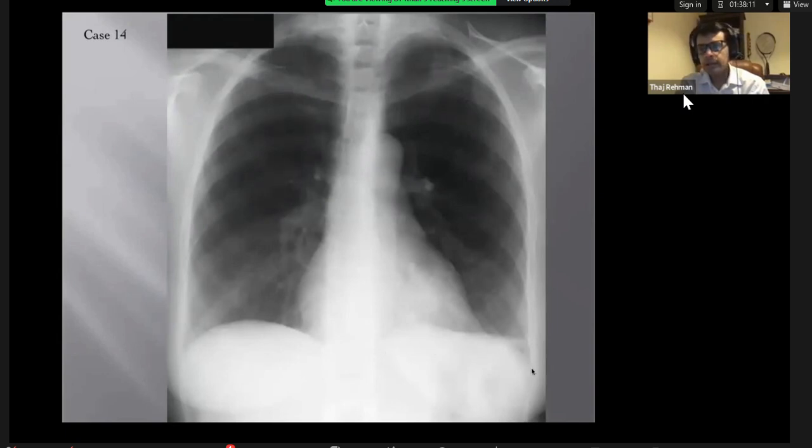I can see the costophrenic angle here, so I would ignore that. There is a little opacity there. You can mention that. Not all chest X-rays would be 100% perfect. So the examiner would say ignore that. There's probably a little consolidation there. That's fine. It's fine for you to pick it up. You can say there is a small opacity there. Okay, ignore that.